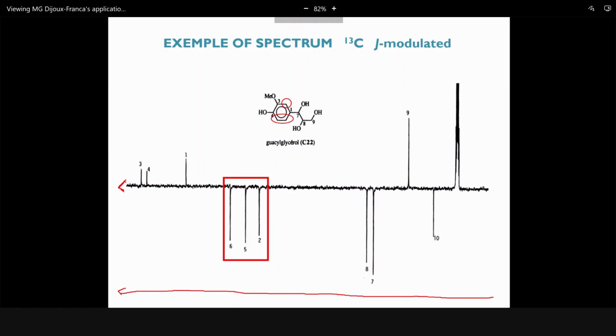And here we are around 150. All these are, remember, from 100 to 130, for example. Here we are around 70. Here CH2 is around 60.